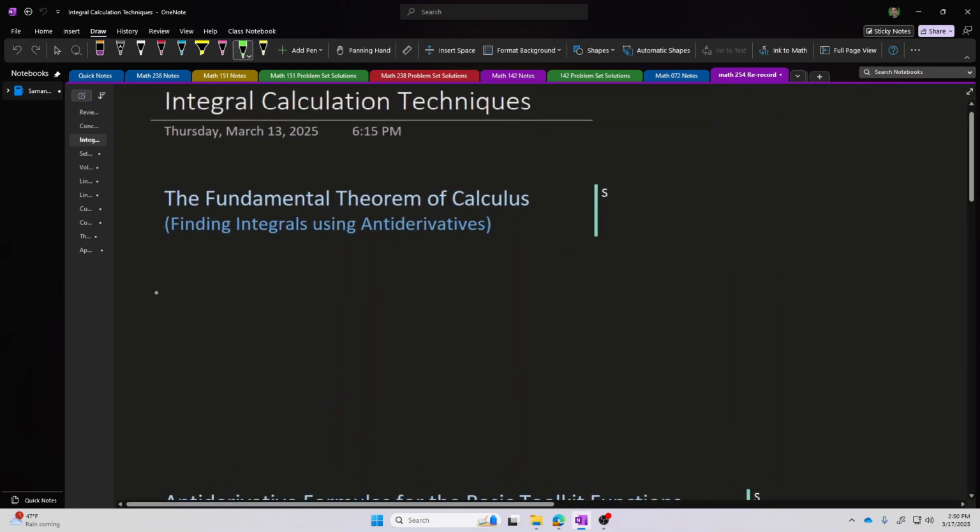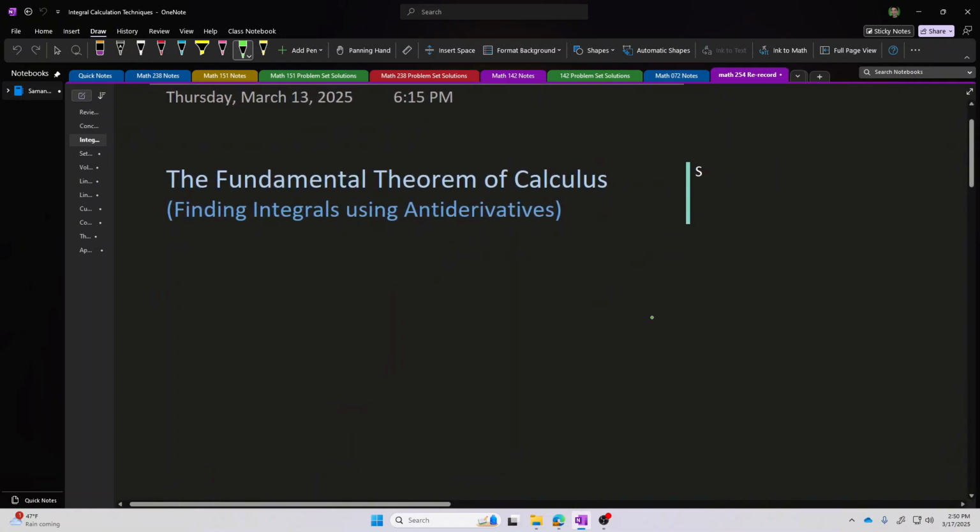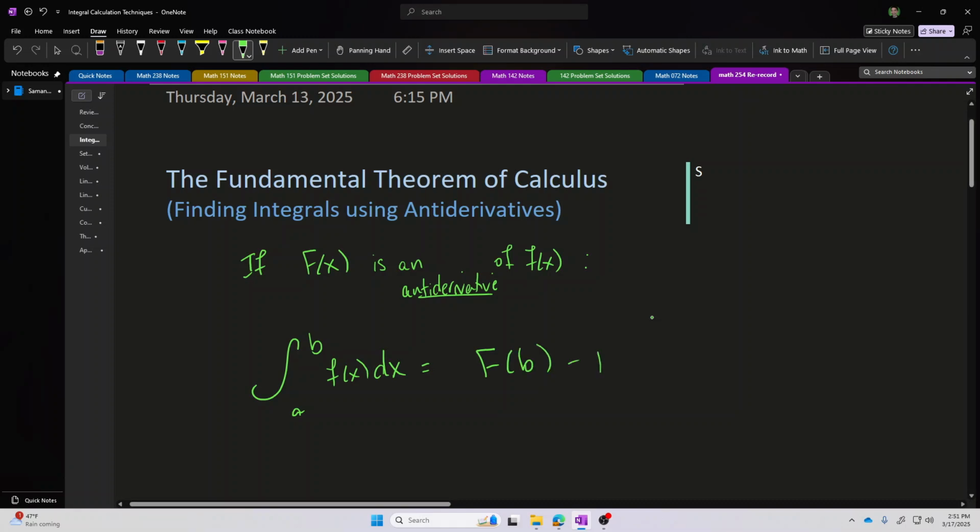So to remember what the fundamental theorem of calculus says, it says that if you have two functions, one of them called capital F, one of them called lowercase f, and you have capital F, which is an antiderivative of lowercase f, then the integral of lowercase f can be found by taking capital F, plugging in the two limits of integration, and then subtracting.